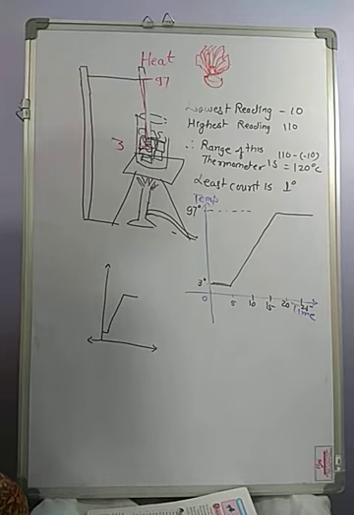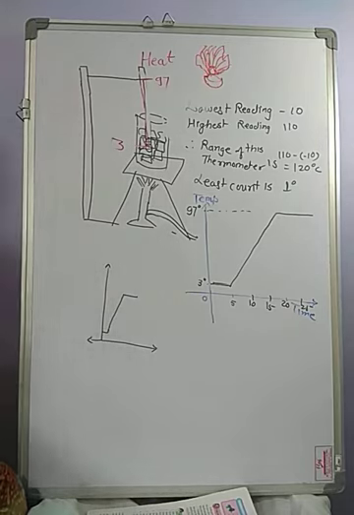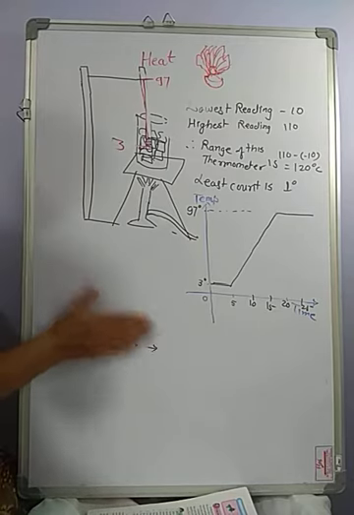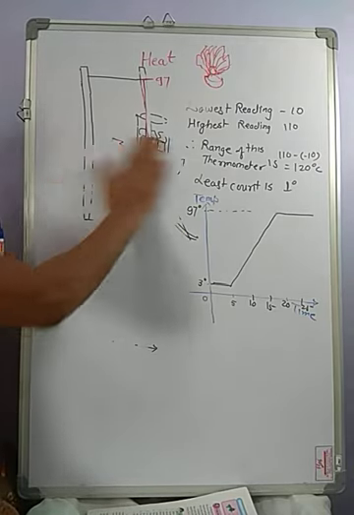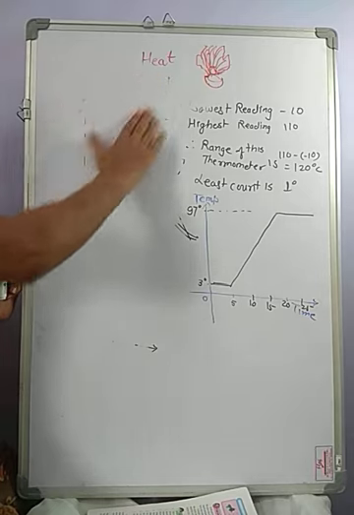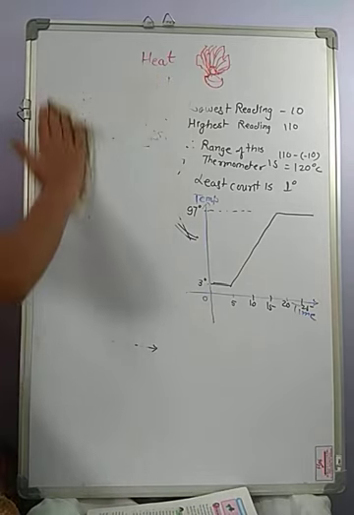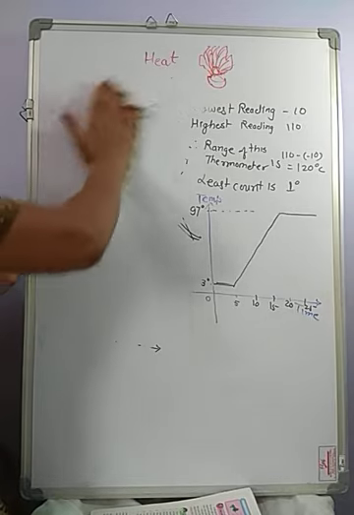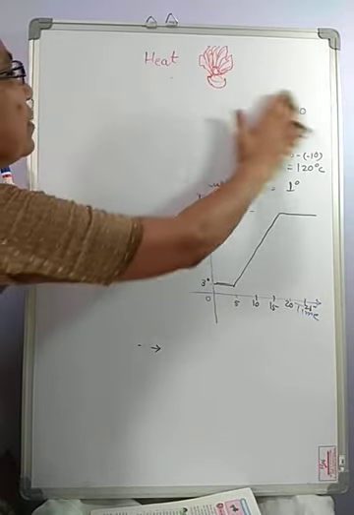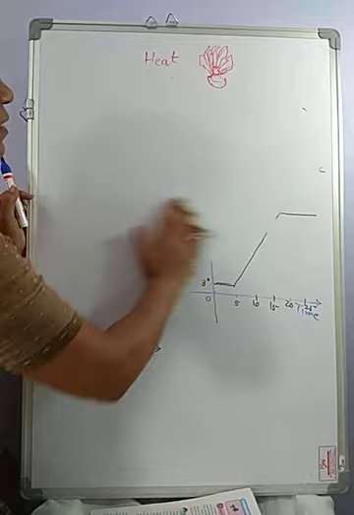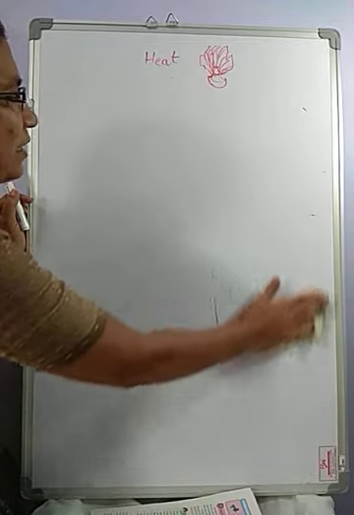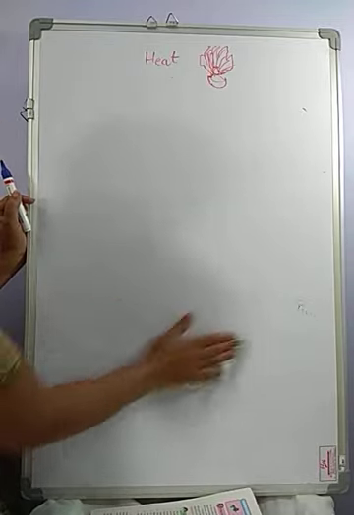Now 333 kilojoule per kg can also be written as 333 joules per gram, and in calories it is given to be 80 calorie per gram.